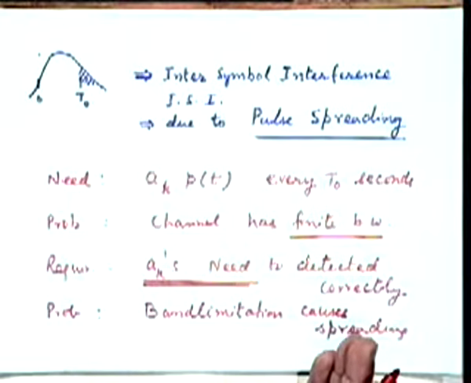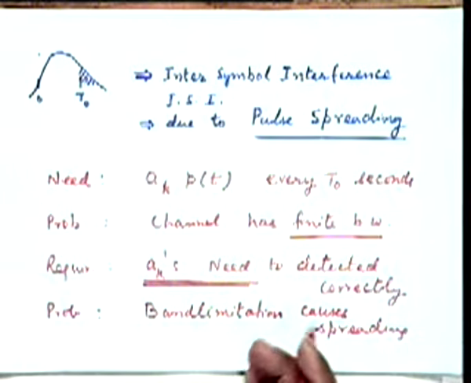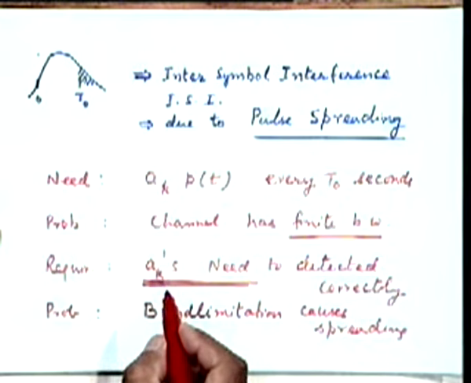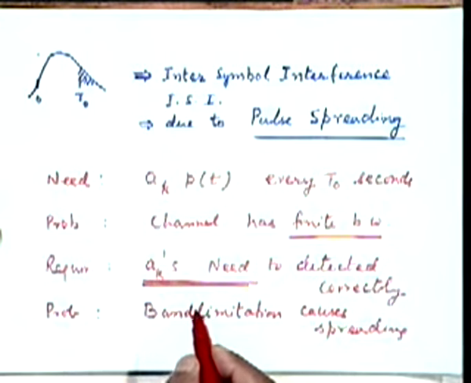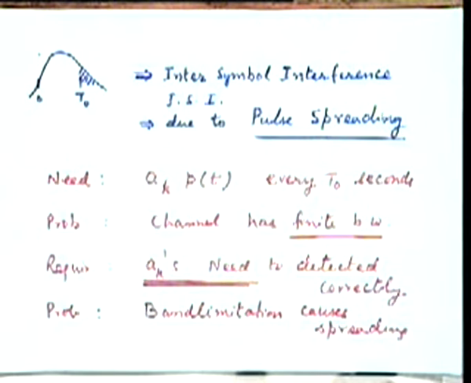So the total RMS value of noise gets increased, and once the total RMS value increases, the error probability increases, right. So intersymbol interference indirectly affects your performance. That is, your reliability of determining AKs correctly comes down, reduces. Okay? Is that understood?